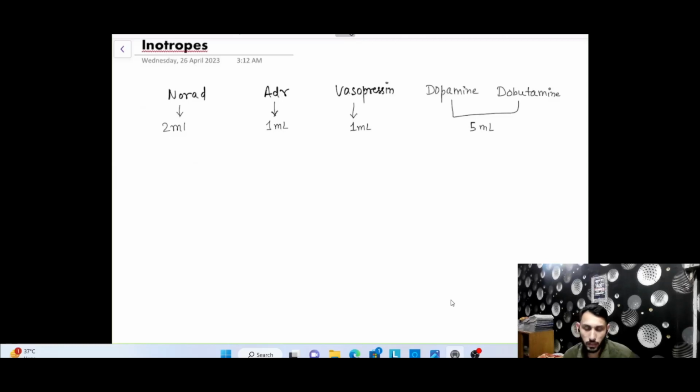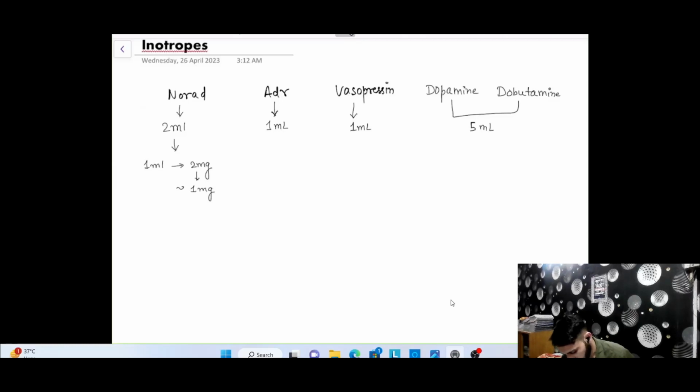The per ml amount is very easy to remember in four of them, except noradrenaline. In noradrenaline, per ml there is 2 mg drug written on the ampule, but actually that is equivalent to 1 mg.